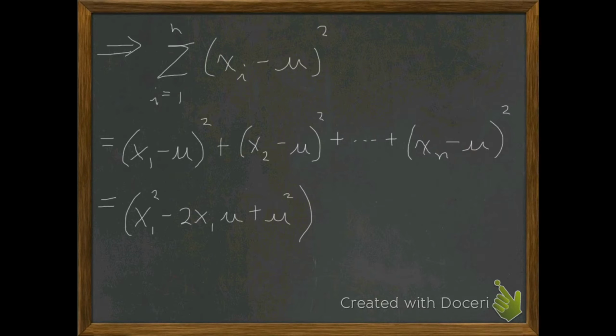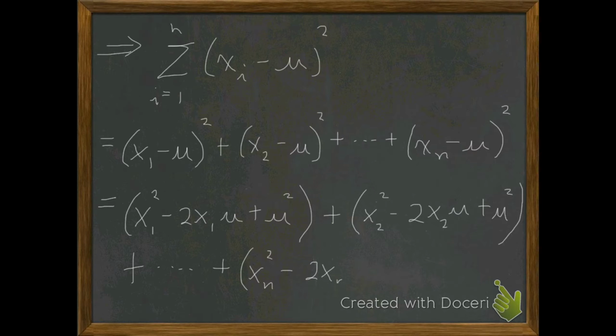We call it the freshman mistake, right? All right, so we're going to have here x2 squared minus 2 x2 mu plus mu squared, plus dot dot dot, x of n squared minus 2 x of n mu plus mu squared. All right, guys.